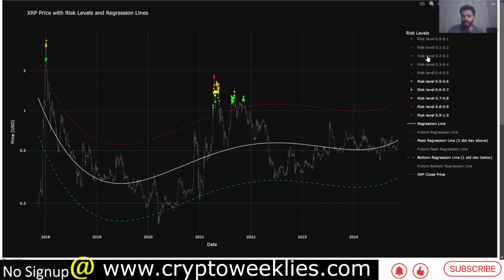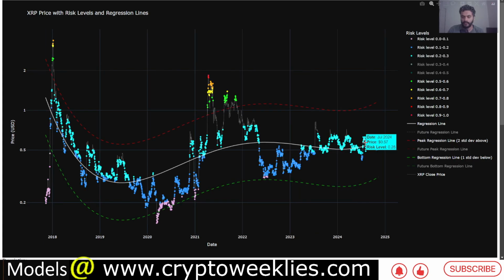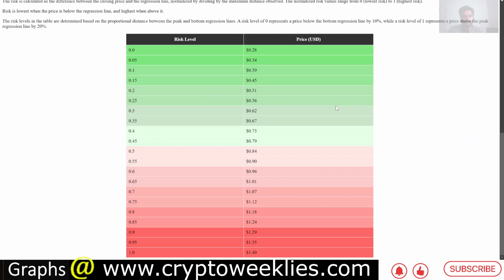Per this model, right now the risk levels are somewhere between 0.2 and 0.3, at around 28% risk. And per this model, the price based risk levels are at around between 35% and 40%, and this is a very conservative model to identify scenarios where a DCA out of the market, or risk levels, signal a local top or high likelihood of a local top between 84 cents and $1.18 for XRP.